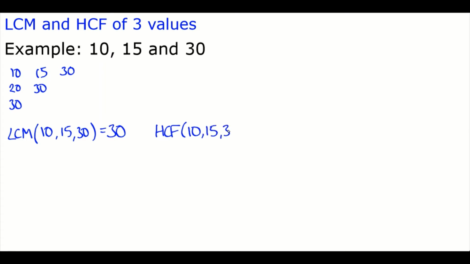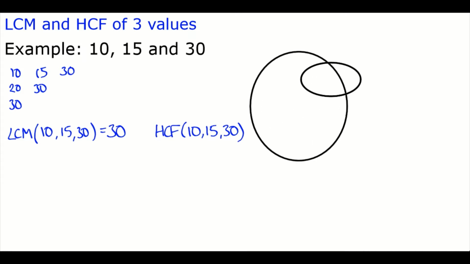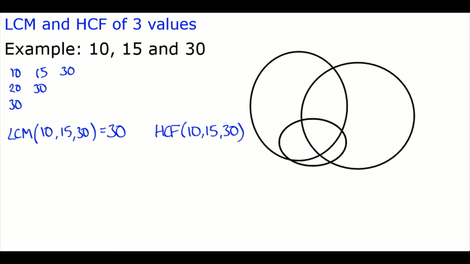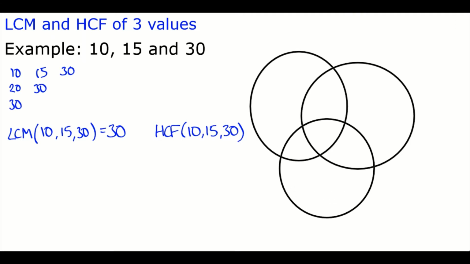Now, just to show, you can do 3 numbers on a Venn diagram. So you need to have a nice big diagram like this. So we've got 10, 15 and 30.